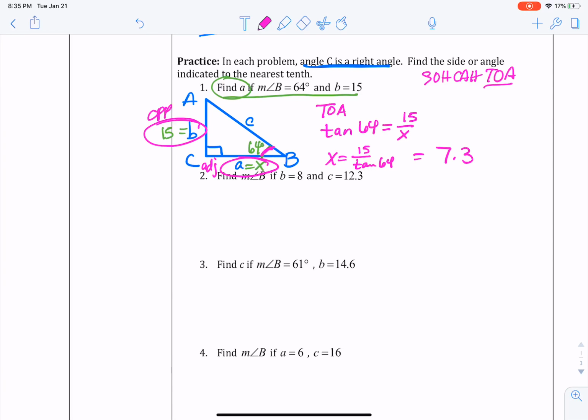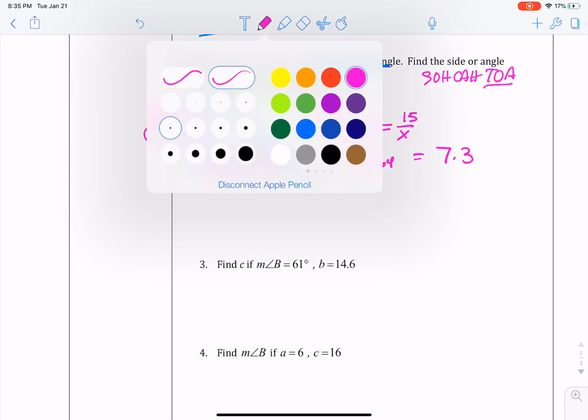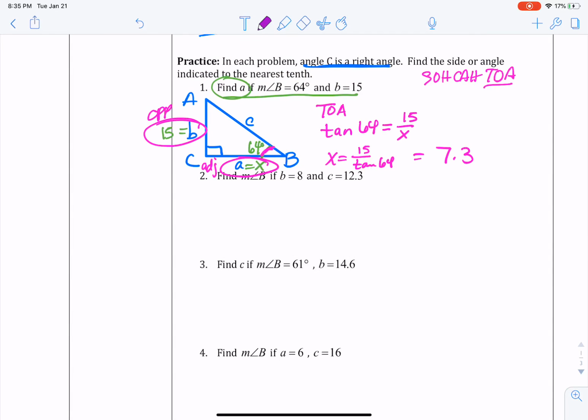That's it. All we have to do is be able to label the parts of the triangle, and then we're good.